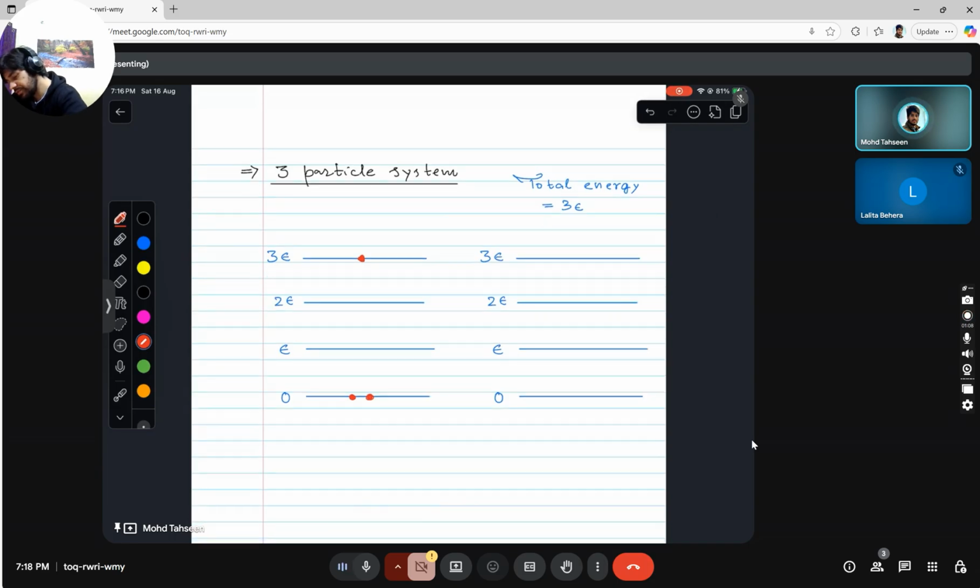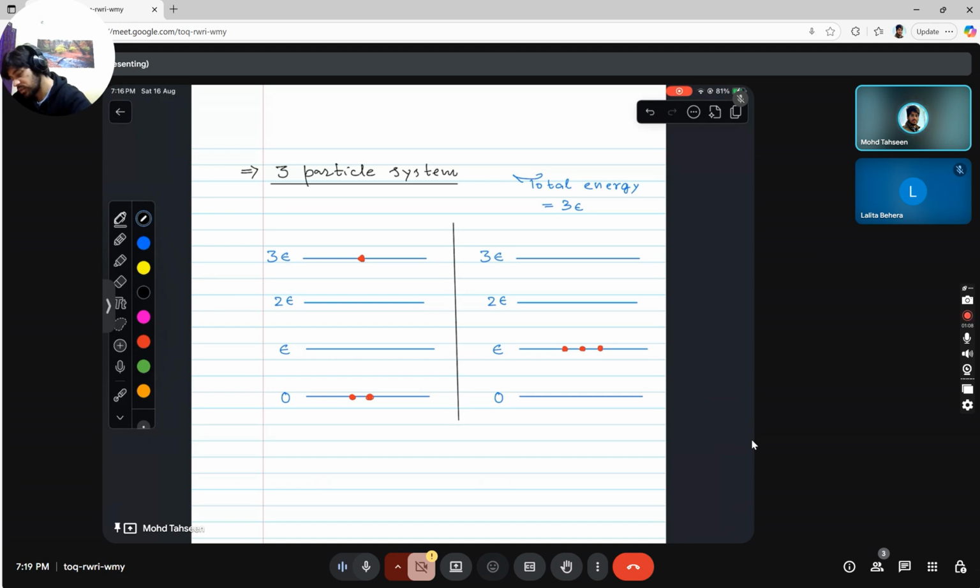We can have all 3 particles here at the energy level of epsilon, because then also the total energy would be 3 epsilon. So this is the second microstate.